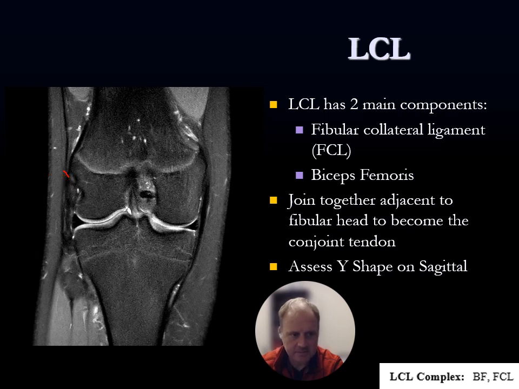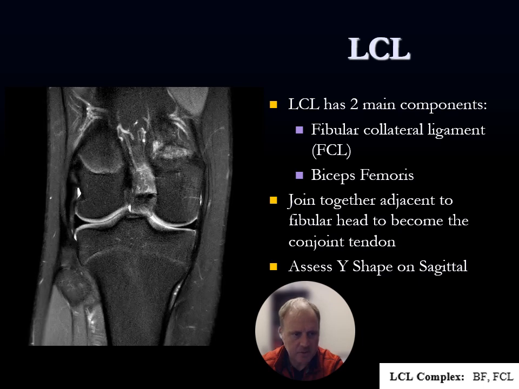You'll notice that there is a little bit of signal here on the picture. And I find that this is kind of a normal look. It doesn't really hold up if you correlate it with an axial image, but this is still kind of a normal look of that fibular collateral ligament. And you can follow it down here, and it will eventually go down to the fibular head.